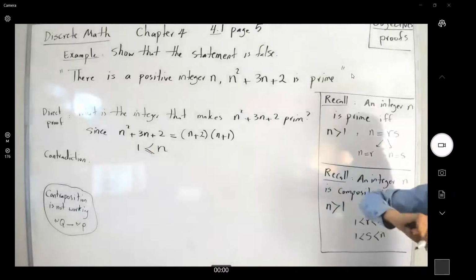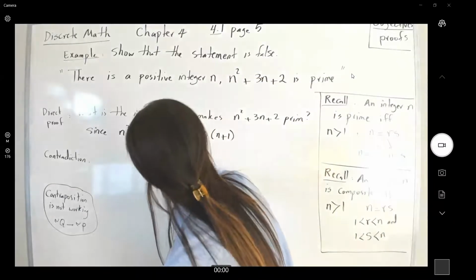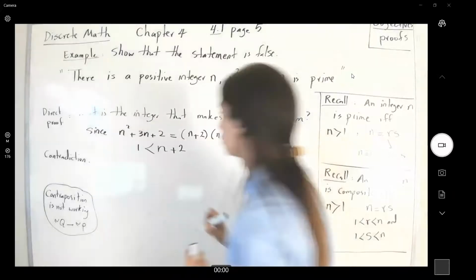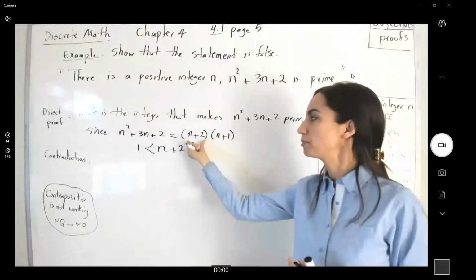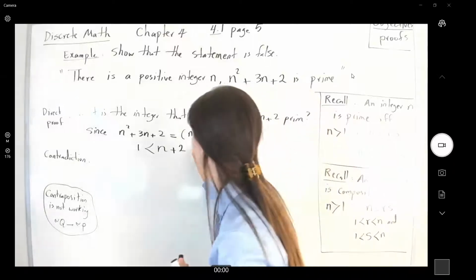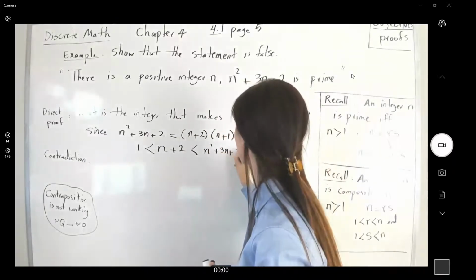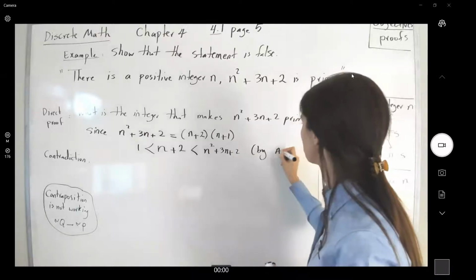So n plus 2 is definitely greater than 1. At the same time, n plus 2 is a factor of n squared plus 3n plus 2, so it definitely is less than n squared plus 3n plus 2 by algebra.